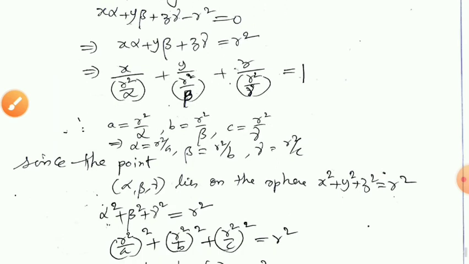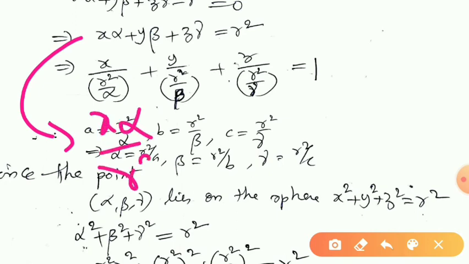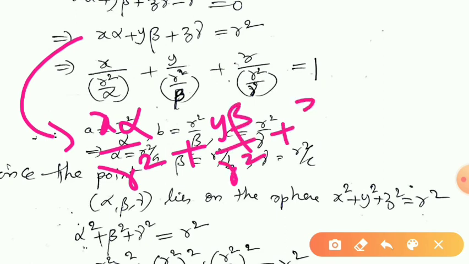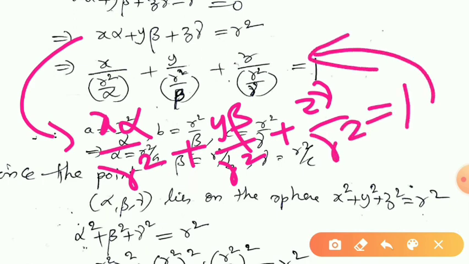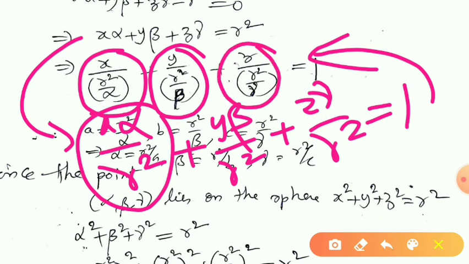So see this. This can be written as x alpha by r square plus y beta by r square plus z gamma by r square is equal to 1. This can be written like this: x by (r square by alpha) plus y by (r square by beta) plus z by (r square by gamma).